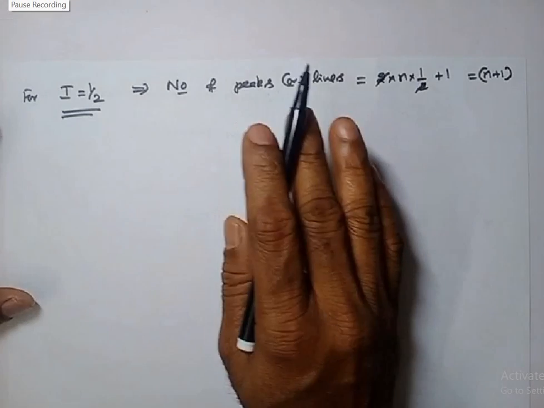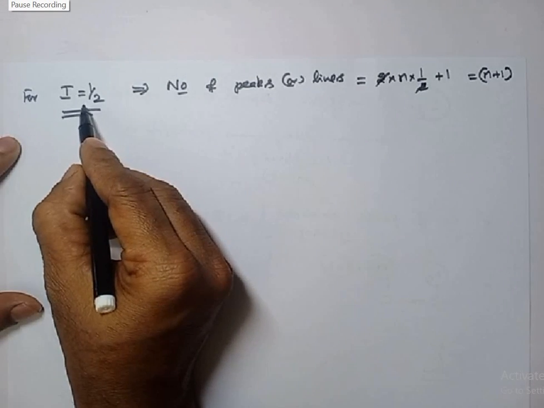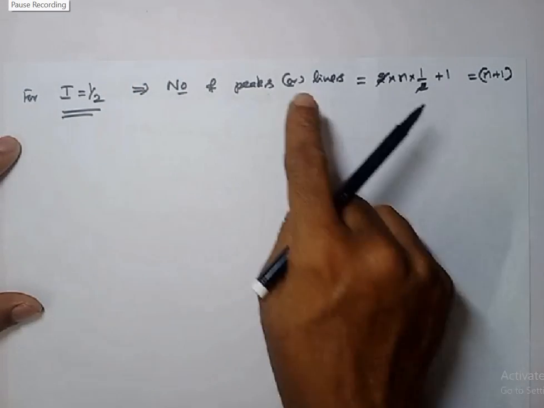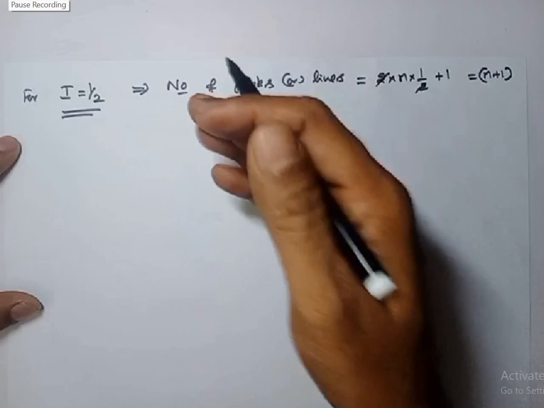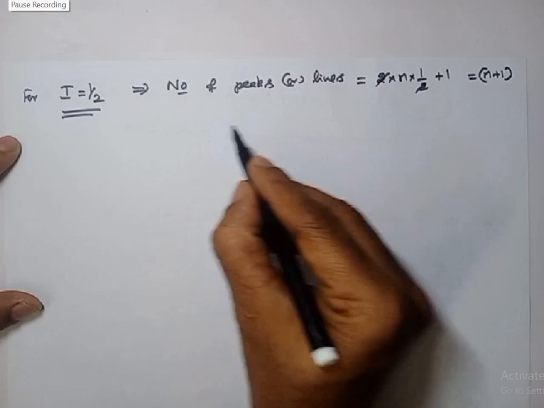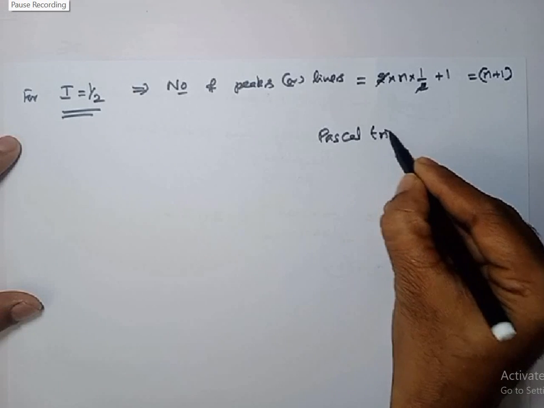We'll discuss everything. Now listen, if I is equal to half, to find the peak intensity we can use what is called the Pascal triangle. So what is the Pascal triangle? We'll discuss.